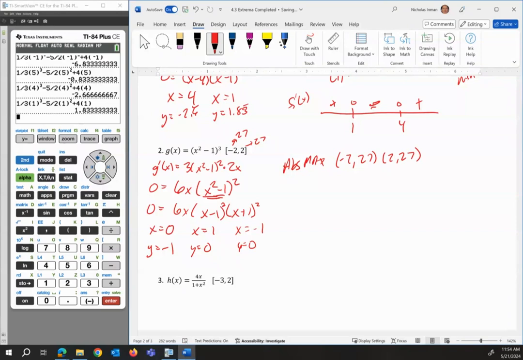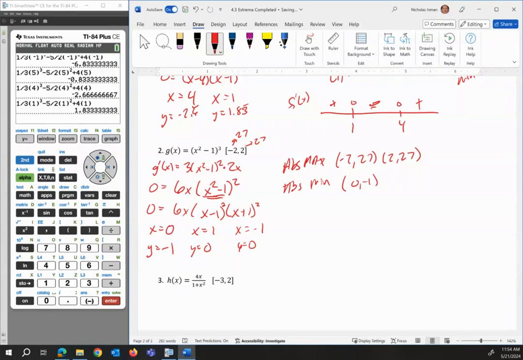The absolute minimum would be here. And there was no spot with an undefined derivative or anything like that, so I know those.